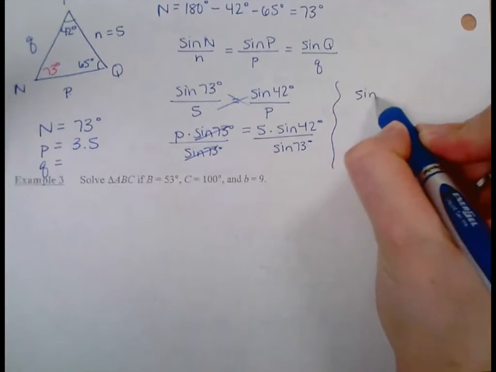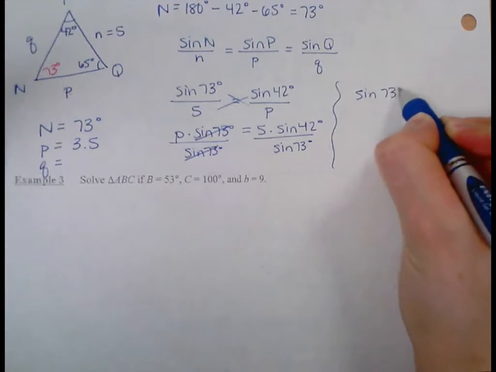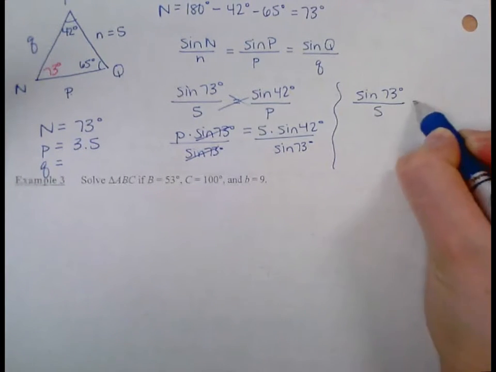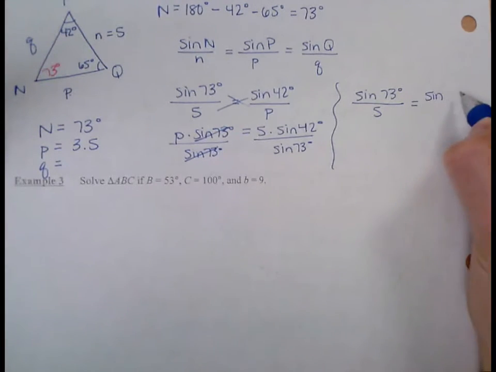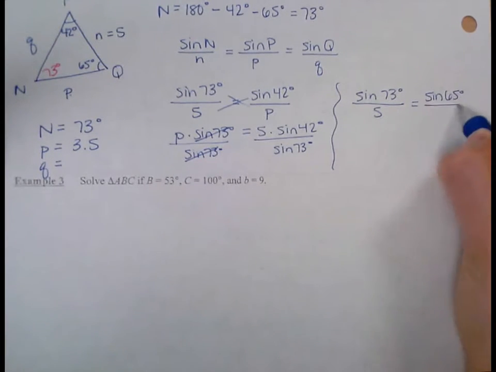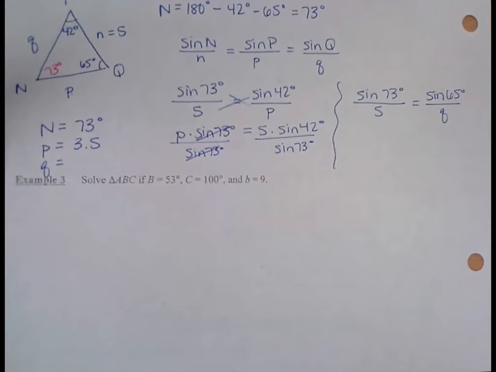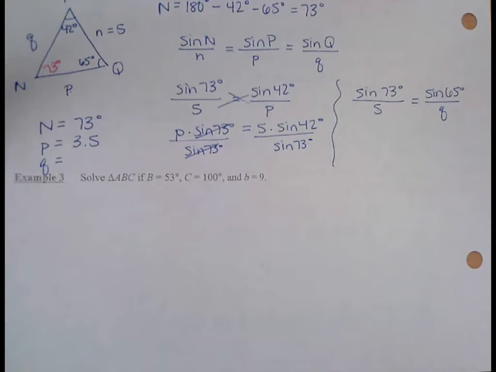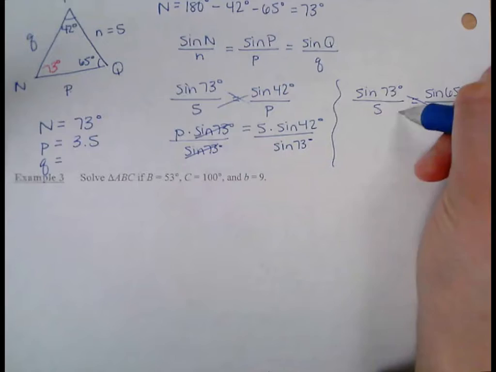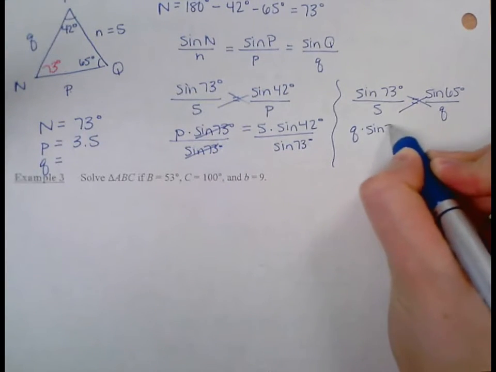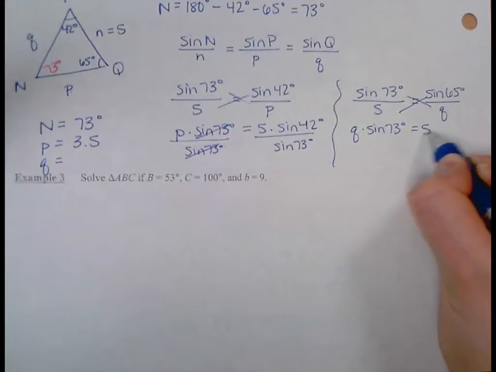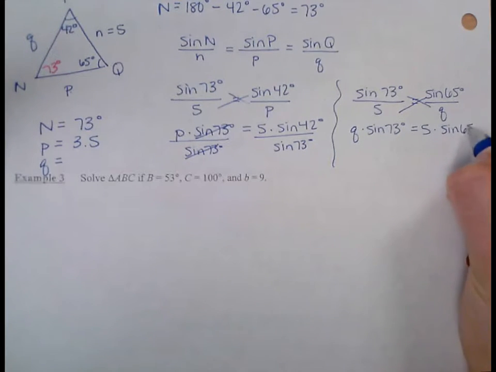So I have sine of 73 degrees over 5 is equal to sine of angle Q, which is 65 degrees, over side Q. Solve for Q just like we solved for P. Find the cross products. So Q times sine of 73 degrees is equal to 5 times sine of 65.